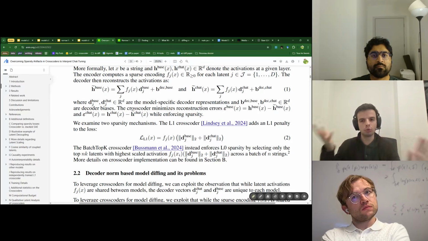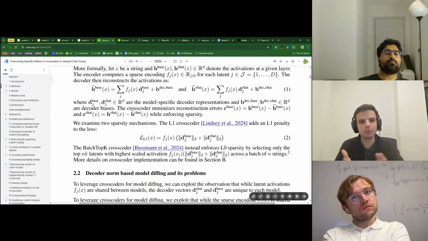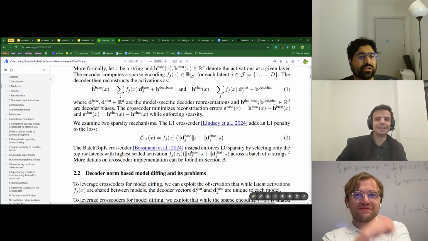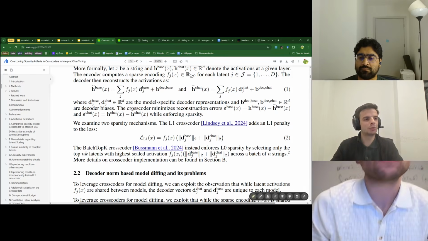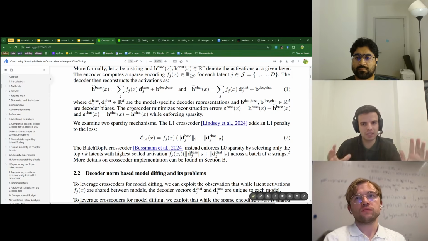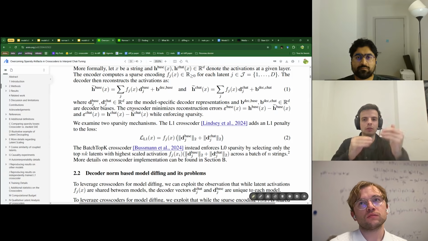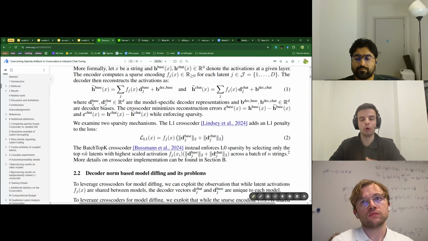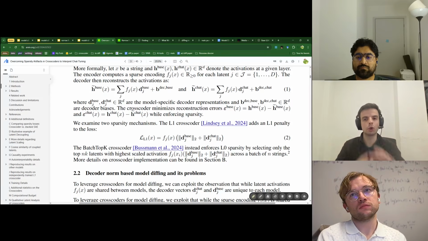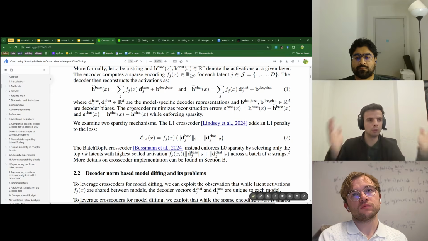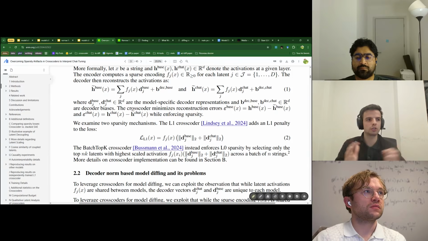And with BatchTopK, oh, sorry, am I back? Yes, you were just saying you gotta enforce. Yeah, so you just enforce it, and with BatchTopK it's very similar, but instead of doing this on one sample, you take it over the full batch. So let's say you have 10 samples in your batch, you will get the top 1,000 features that activate over your batch of activations, and you will use those to reconstruct all the activations.